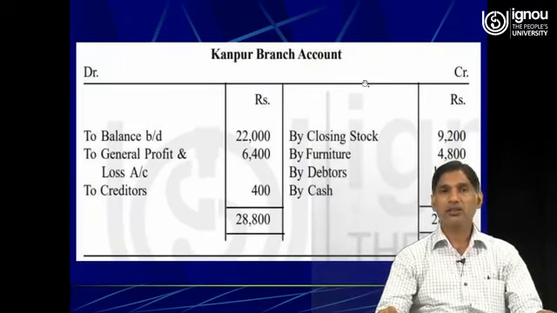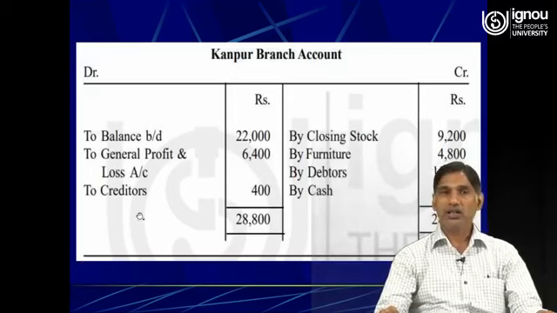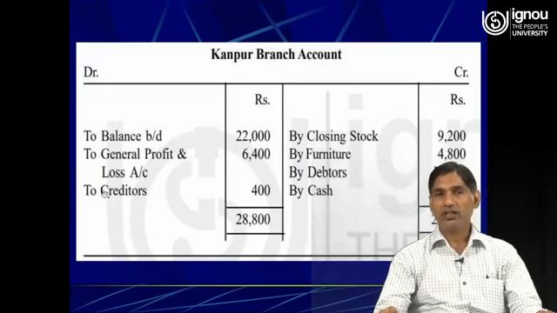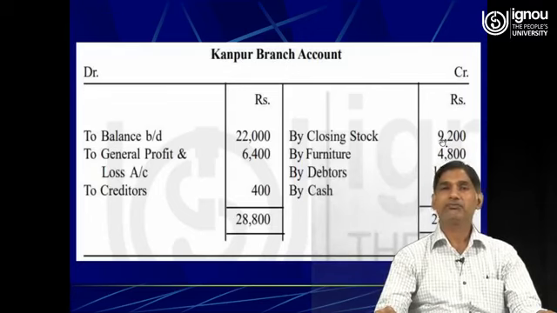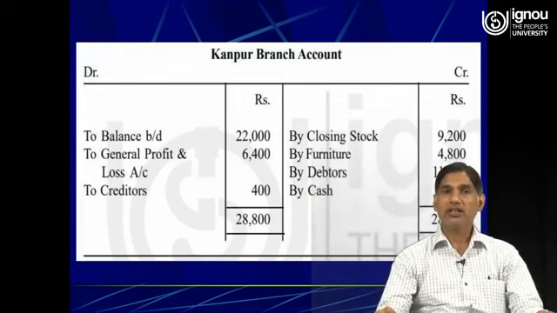Now the balance of the Kanpur branch is given in the question, provided in the trial balance, 22,000. The net profit we have also calculated, 6,400. Then creditors, liabilities of 400 given in the trial balance, so total is 28,800. Now come to the credit side. By closing stock 9,200, provided in the adjustments. By furniture 4,800, also provided in the question.